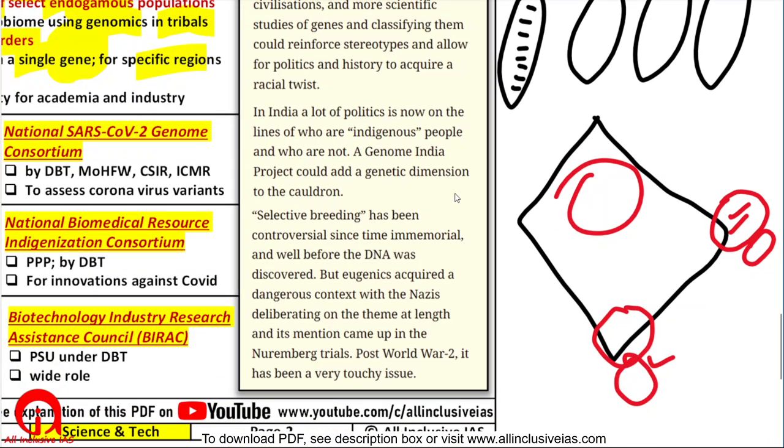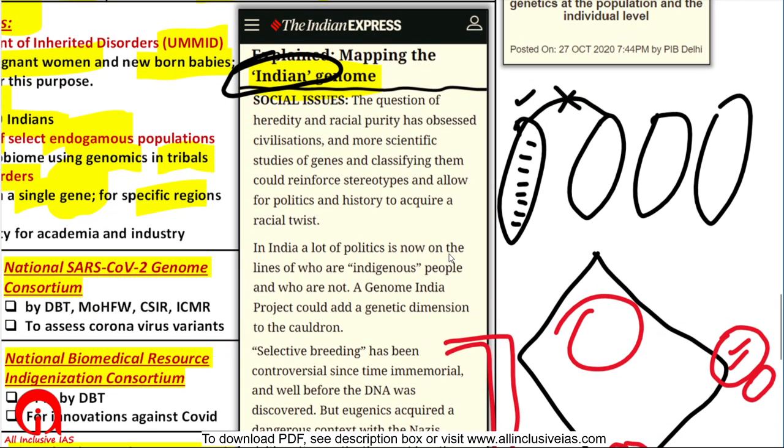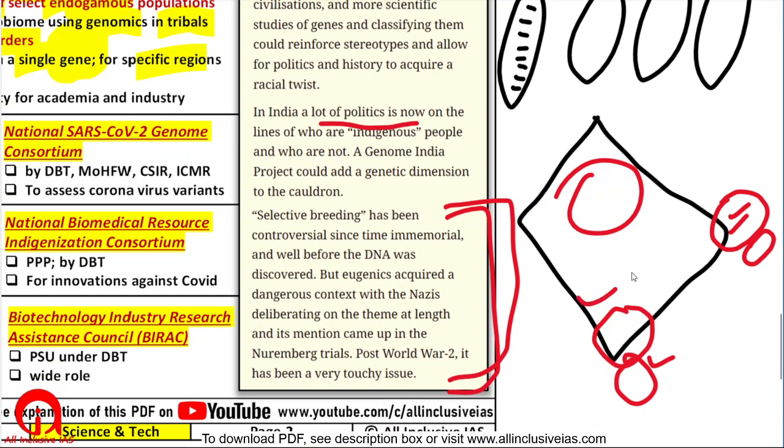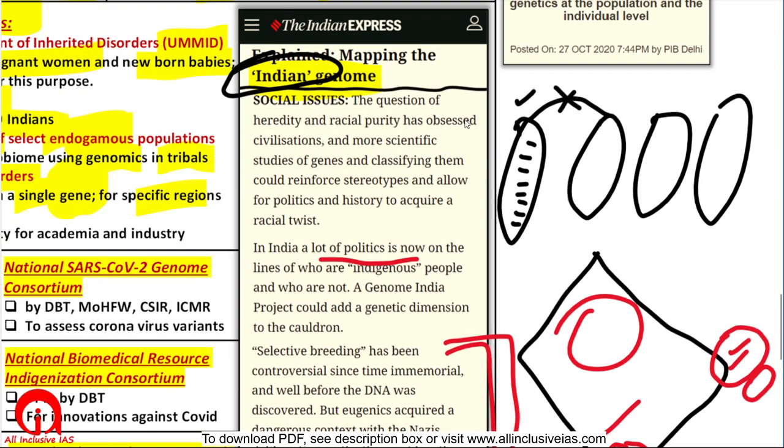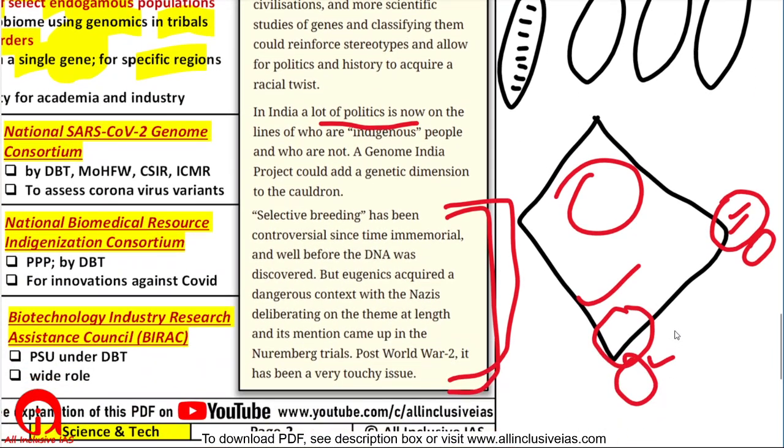It gives the example of the fascist regime of the Nazis. These fascist people have a favorite strategy: you use science and twist the facts in such a way that you meet your agenda. It says that in India a lot of politics is about who are indigenous Indians and who are not, and by using the data of the Indian Genome Project, in future some fascist people will talk about DNA, politicize the issue, and use this data to say that these are Indians and these are not Indians.